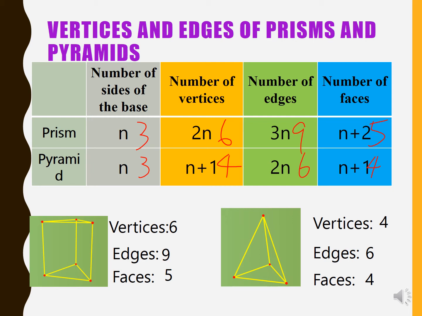So you have 2 ways to find the number of vertices, edges, and faces. The first one, you can make use of this table. The second way is you count one by one from the picture.